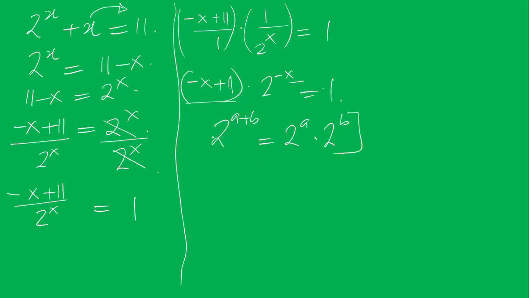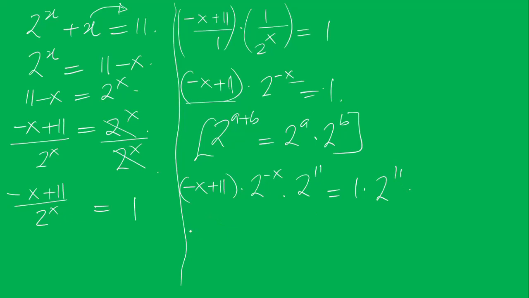Applying this law, adding plus 11 to the exponent means multiplying both sides by 2 to the power 11. So we say minus x plus 11 times 2 to the power minus x times 2 to the power 11 equal to 1 times 2 to the power 11.